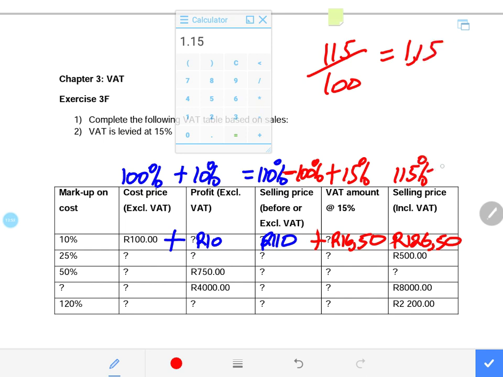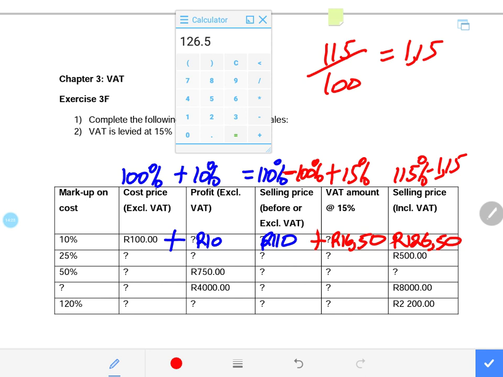Remember, in other words, that 115% is 1.15. Now we can just say 110 times by 115 divided by 100. If you want to take it the bit longer way, it will be 110 times by 115 divided by 100. This gives us 126.50.